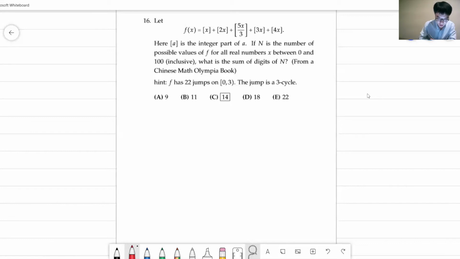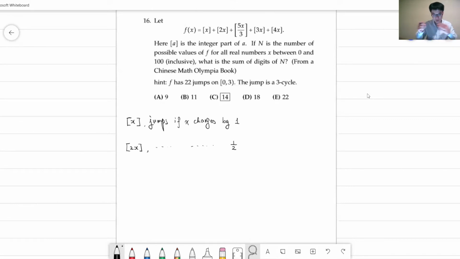So let's analyze each part. For example, for the first part, integer part of x, this function jumps if x changes by 1. When x is at 1 or minus 1, the value jumps, for every 1. Then for 2x, this function jumps if x changes by 1/2, because if x changes by 1/2, 2x changes by 1, so the value jumps.